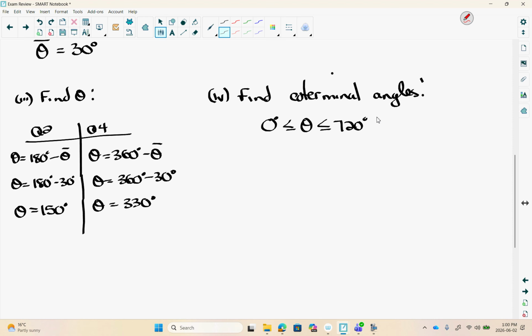You add or subtract multiples of what? 360, full revolutions, full rotations. Would it make sense to subtract 360? 150 minus 360 gives me negative 210. Yes, it works, it's true, but it doesn't fit between 0 and 720. Don't want to subtract 360 here and get negative 30 either. It's too small.